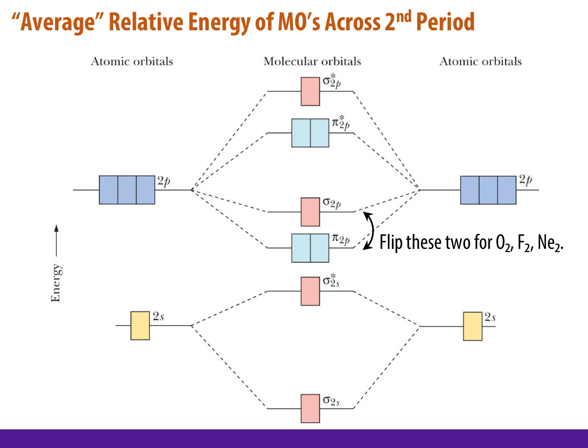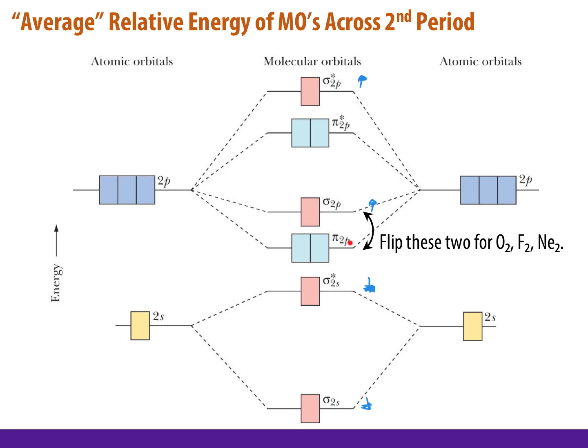What happens is that all of these sigma 2s and sigma 2s star orbitals get pushed down in energy, and all these up here get pushed down in energy to form the best bonds and basically the highest energy anti-bonding orbitals we can.